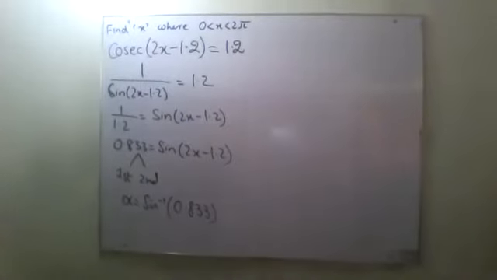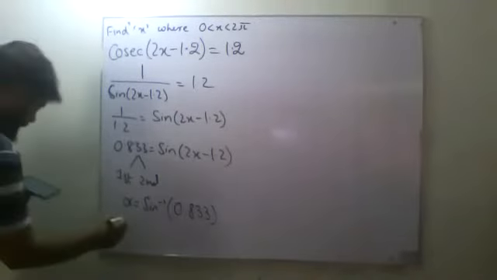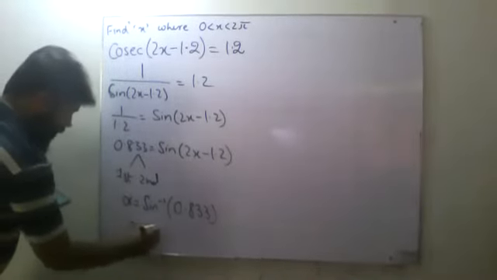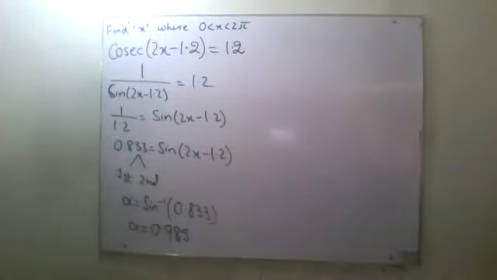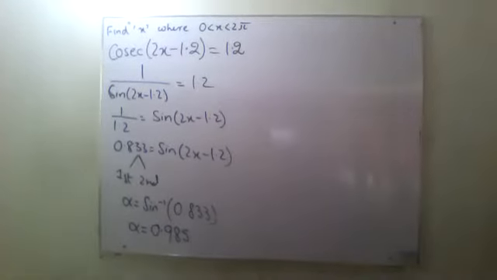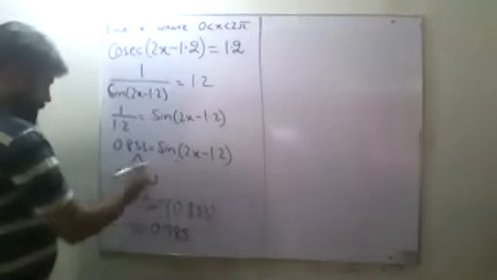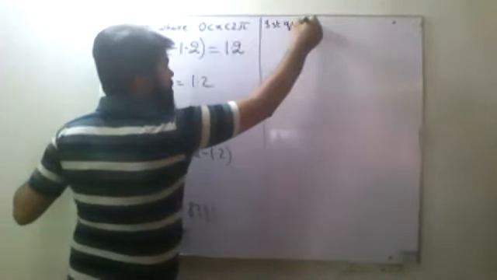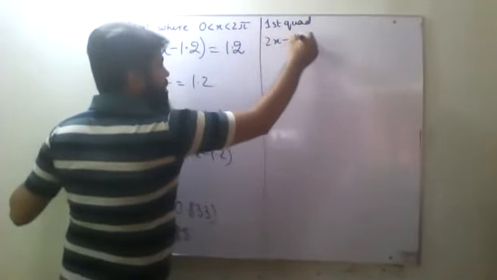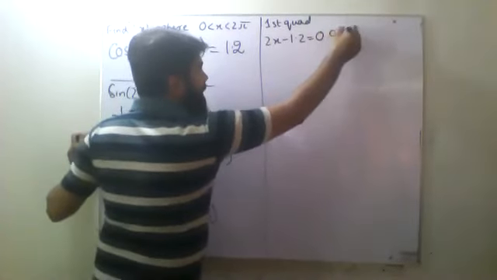The answer which I am getting over here, in radian mode, is 0.985, when I have taken out the inverse. Now, in the first quadrant, this is my angle. First quadrant, 2x minus 1.2 will be equal to alpha, and the value of alpha is coming 0.985.